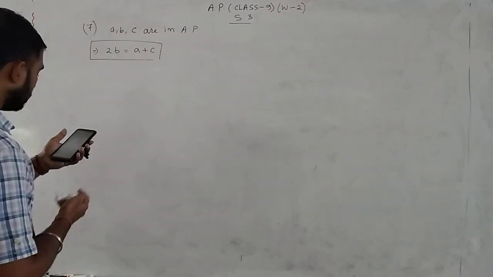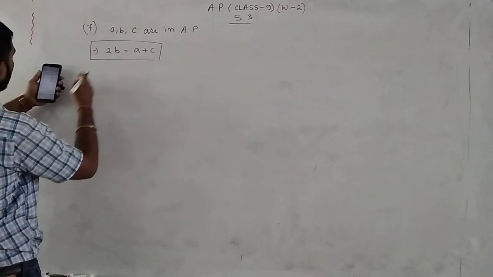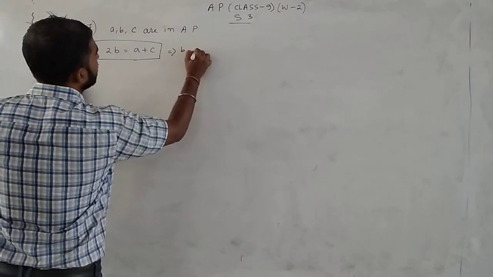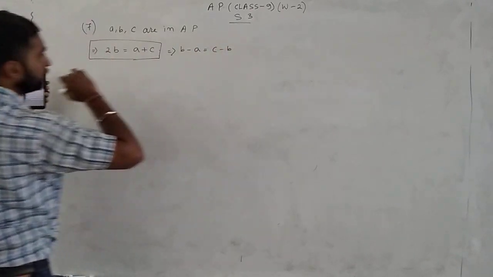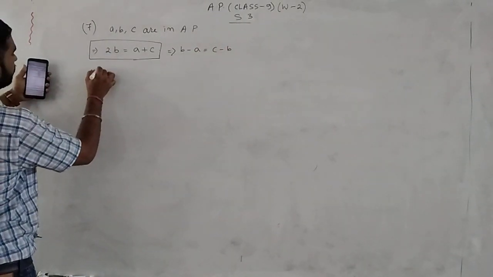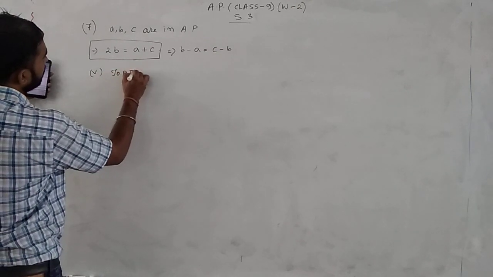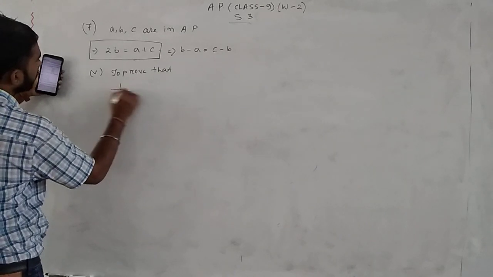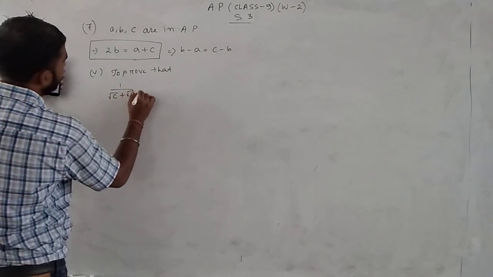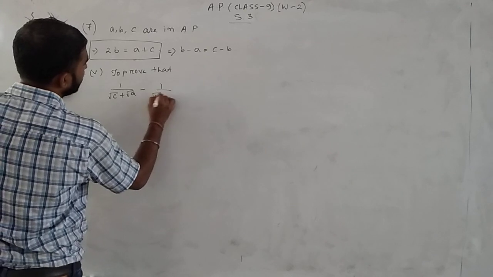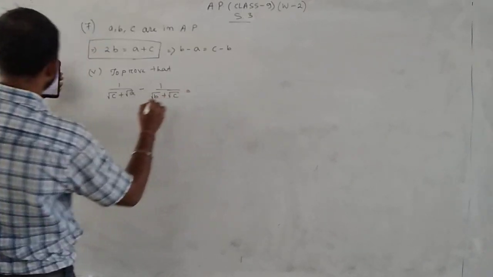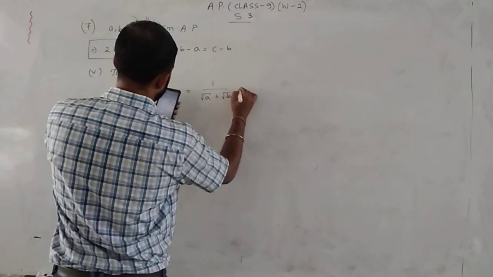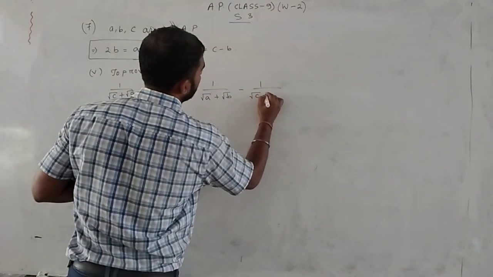In this question, we have to prove what? This one given. We have to prove, or in place of this one, we can write this one also b minus a equal to c minus b. Now, in this question of 5, to prove that 1 by root c plus root a minus 1 by root b plus root c equal 1 by root a plus root b minus 1 by root c plus root a.